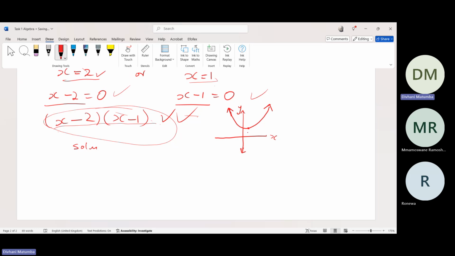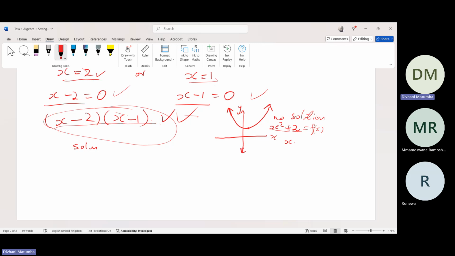Okay, so in this case, if your function does not cut your x-axis, there's no solution. There are parabolas like that. For instance, x squared plus, say, plus 2. How do you factorize this one? Would it not be x minus 1 and then x minus 1 as well?